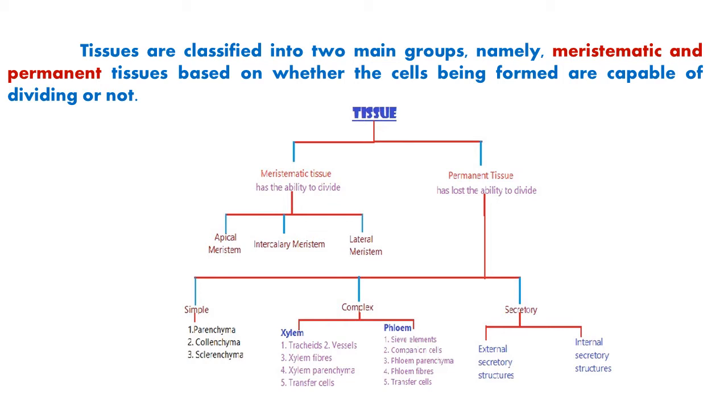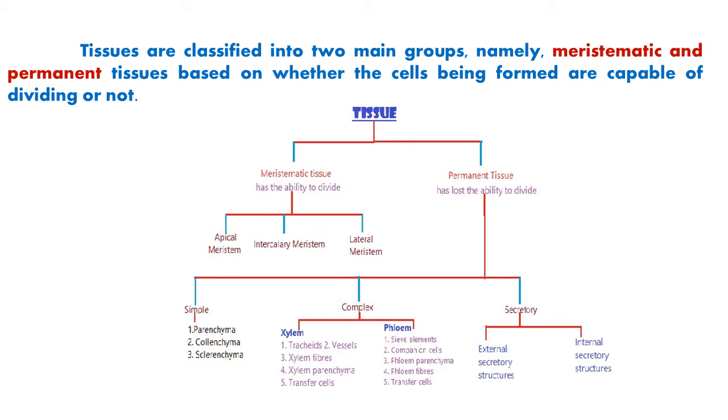Meristematic tissue is divided into apical meristem, intercalary meristem, lateral meristem. Permanent tissue is divided into simple tissue, complex tissue, secretory tissue. Simple tissue has three types: parenchyma, collenchyma, sclerenchyma.